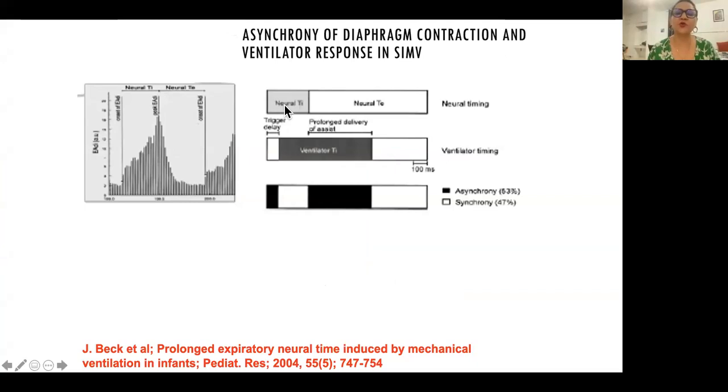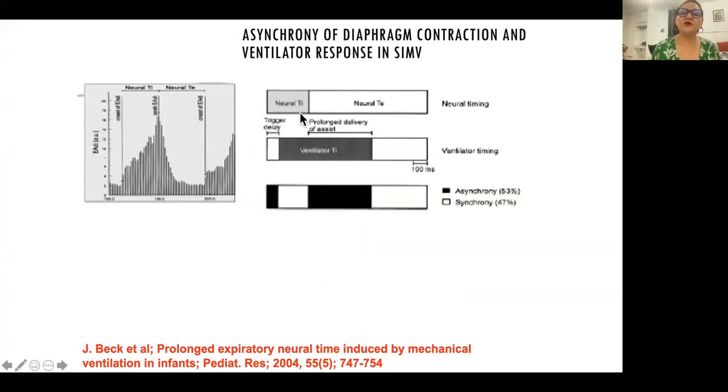So here the neural inspiration has been triggered by the diaphragm contraction, and this is the neural expiration. But there is a trigger delay from when the diaphragm has started to contract to when the baby is giving the trigger and the ventilator is receiving it. So there is a delay here.